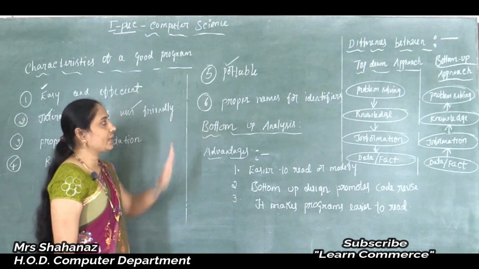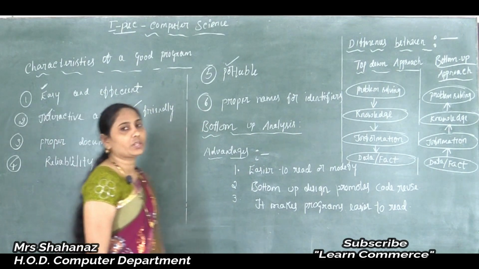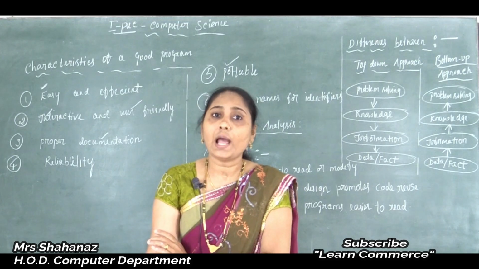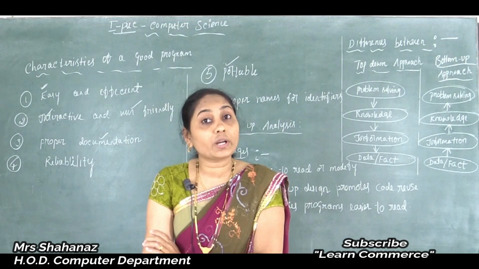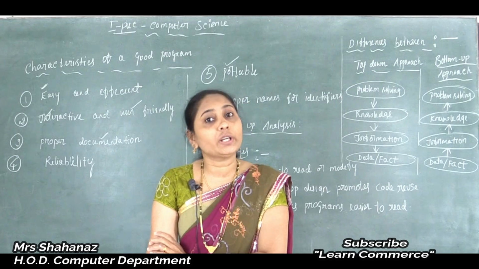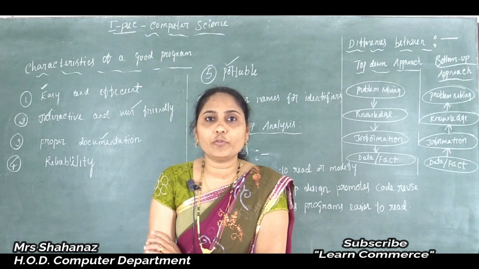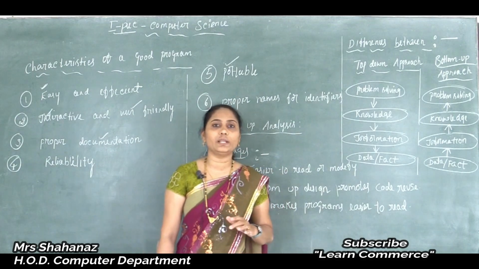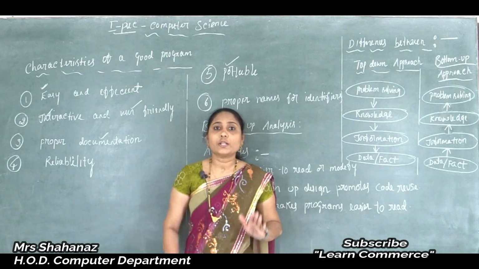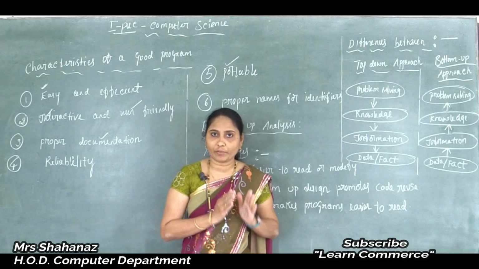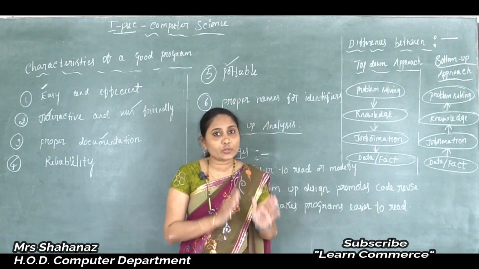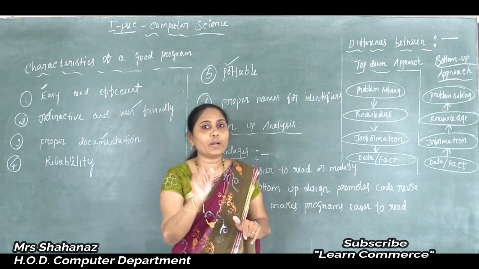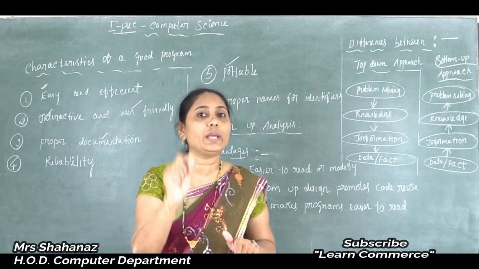Okay, now the next one is the proper name for the identifiers. So what about the proper name for the identifier? As we know, when you are going to create any program, we should give a proper and meaningful name to each and every element that is used in the program. Clear this point here? When you are going to use any variable in the program, you should give a proper and meaningful name to every variable.